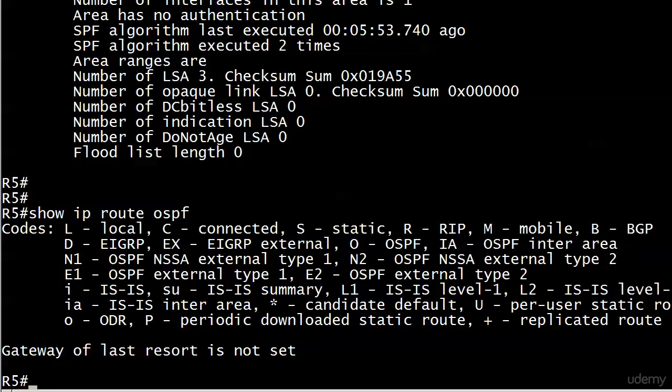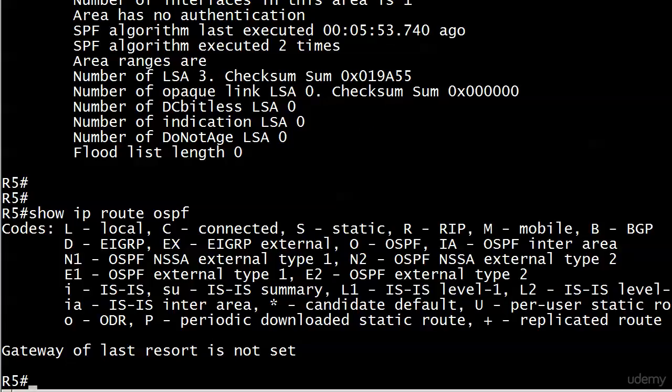Got to remember that just because you enable OSPF on an interface that's connected to a network, whatever network that is, that doesn't mean it's going to show up in the local table as an OSPF route. As a matter of fact, it's probably not. It's going to show up as a connected route, because what you're seeing with show ip route ospf are routes that OSPF discovered and have been put into the routing table.